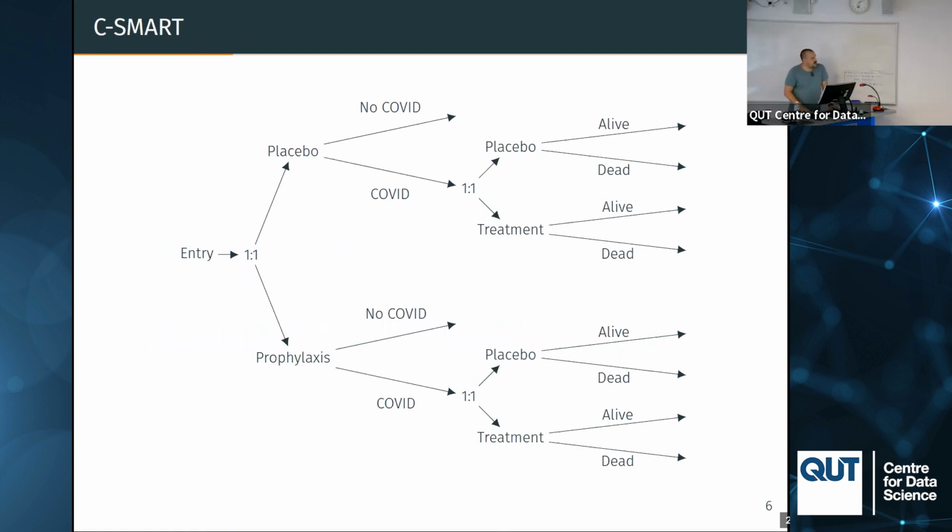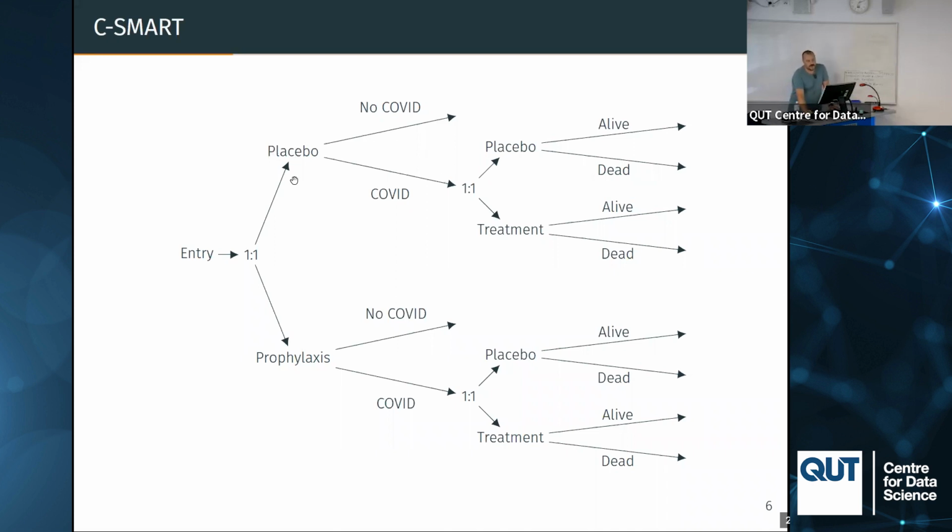So it's best described with this sort of branching tree diagram. You can see patients enter the trial at the left, and they're randomised in equal proportions to either placebo or prophylaxis. If a patient doesn't develop COVID within 3 months in this case, then they exit the trial.